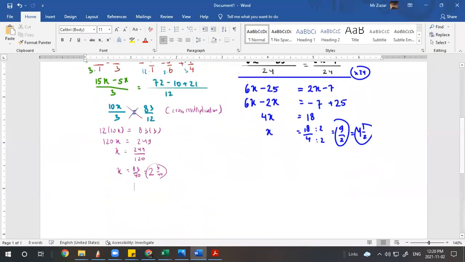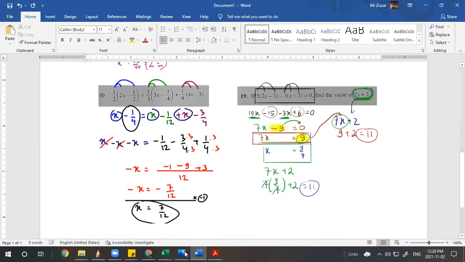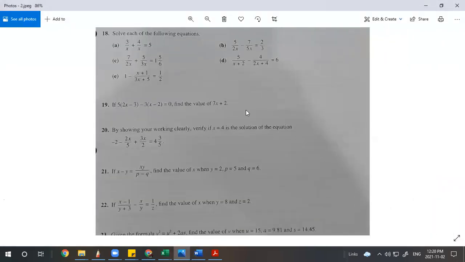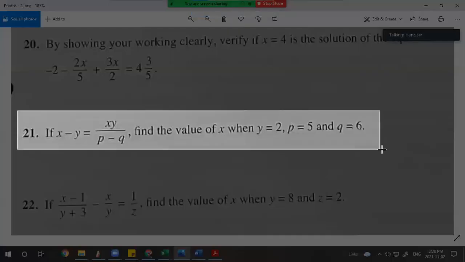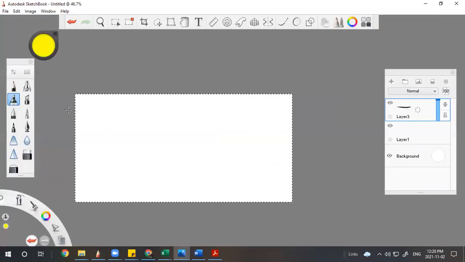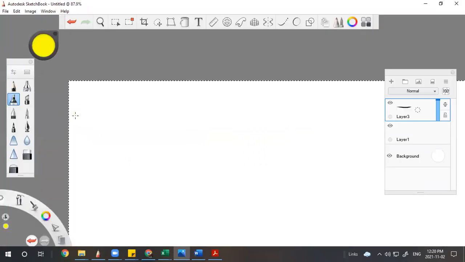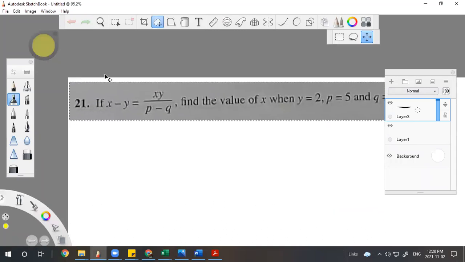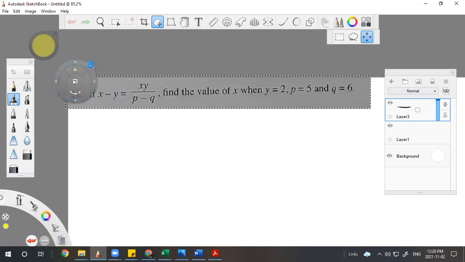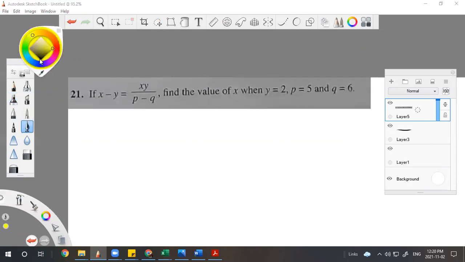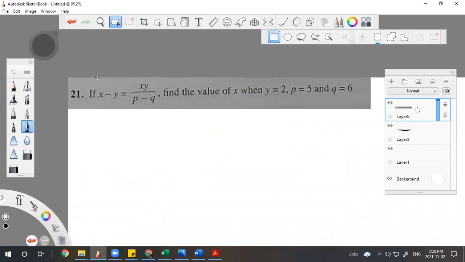Again, odd right. Okay, number 21. Okay, so I want to copy this because I'm too lazy.